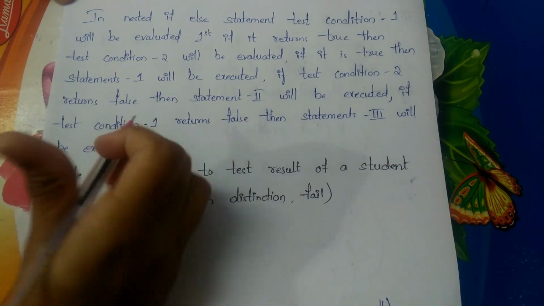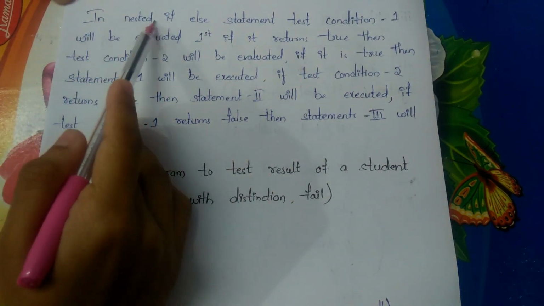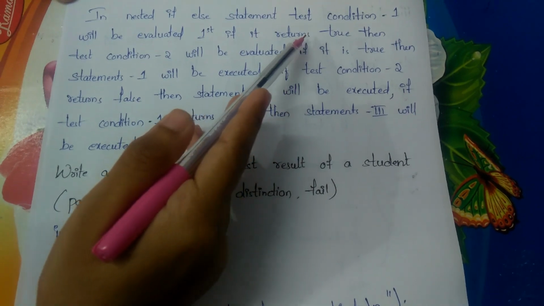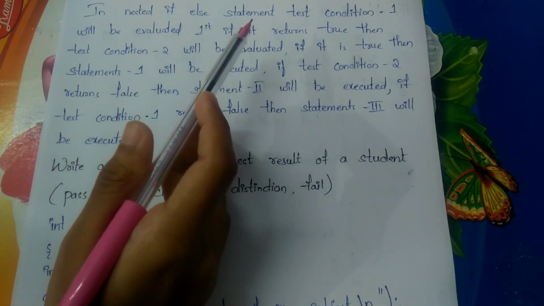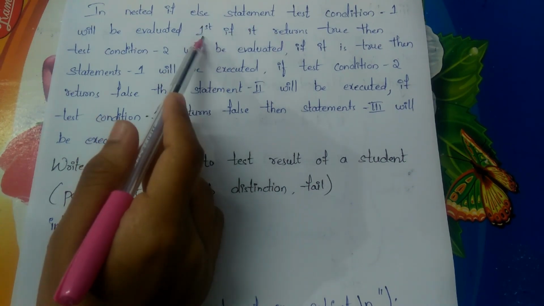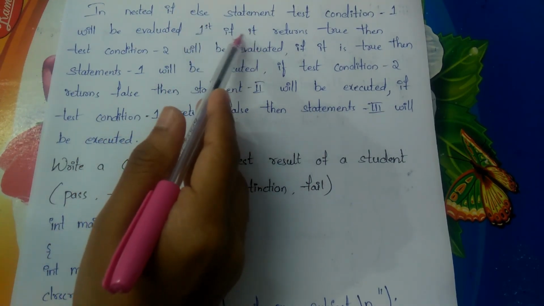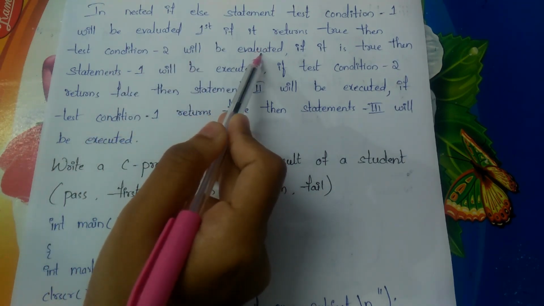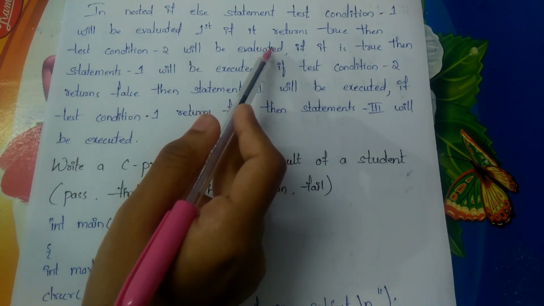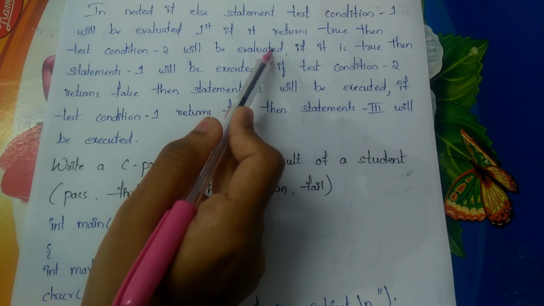This is a description for the previous flowchart. So in nested if else statement, first the test condition 1 will be evaluated. After this, if it returns true, then the next test condition will be evaluated. So in the if block we have written one more if else statement.